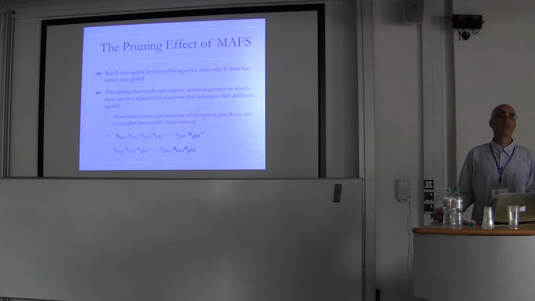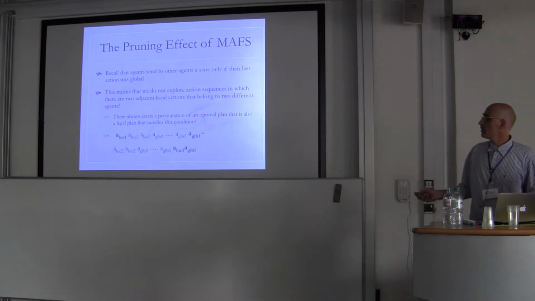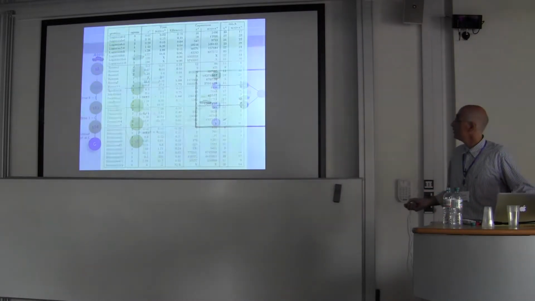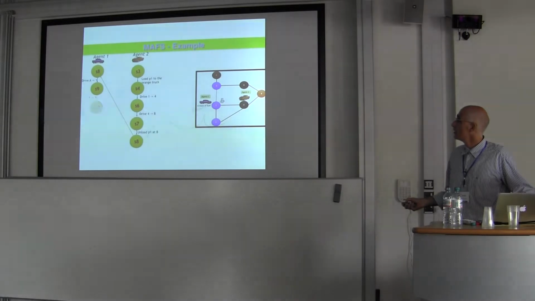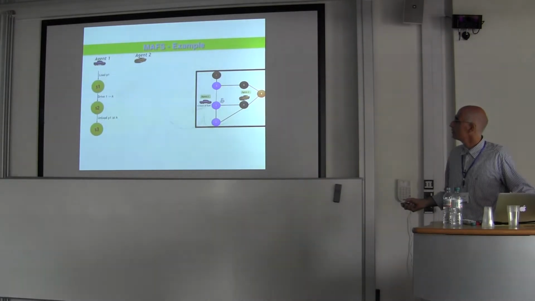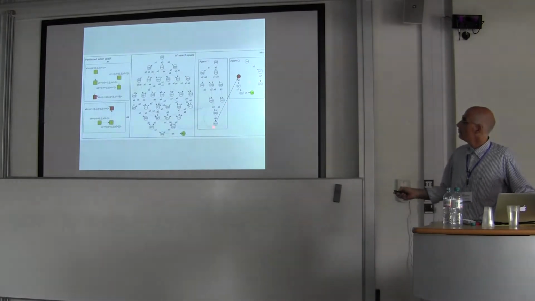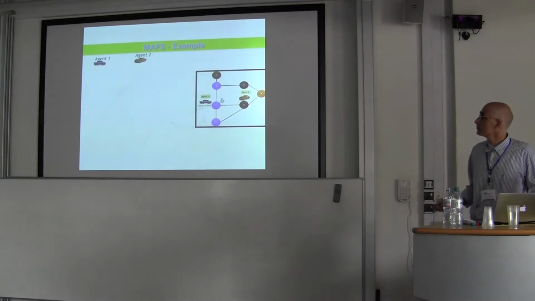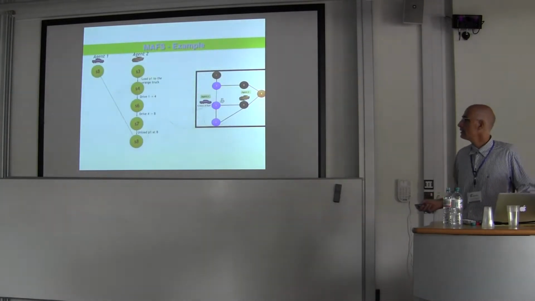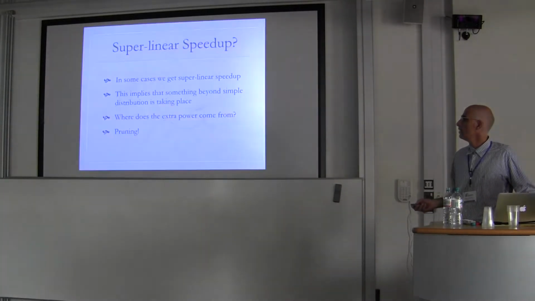This gives us a certain pruning effect that you also see visibly in this case. You see many fewer search states in here. It's not always the case, but in some cases you can really benefit from this.